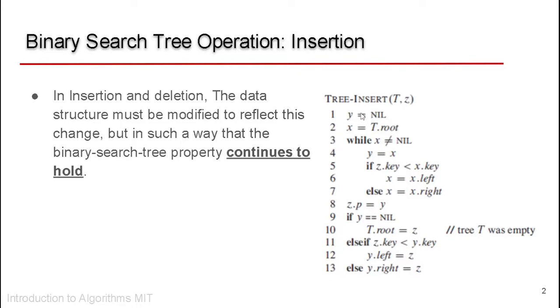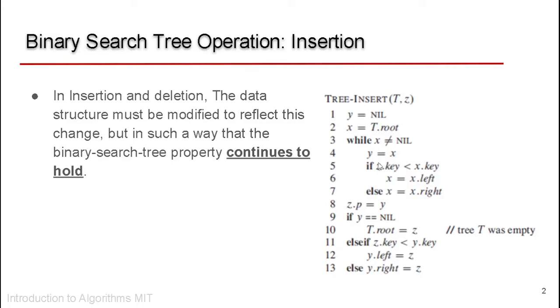You have two variables, Y and X. Y is initialized with null and X is initialized with the root. Then you iterate in this while loop from line number 3 to line number 7, and try to change the value of X and Y. First we assign the X pointer to Y, and X starts from the root.